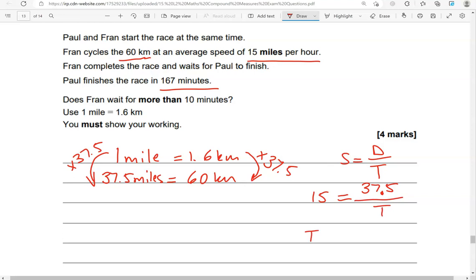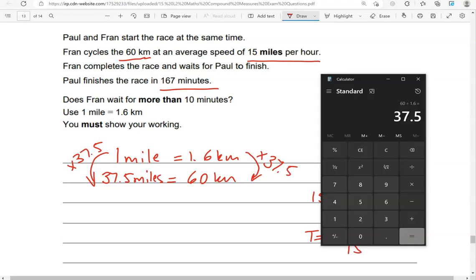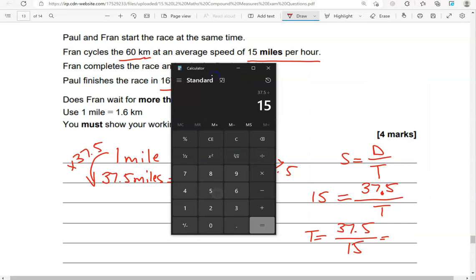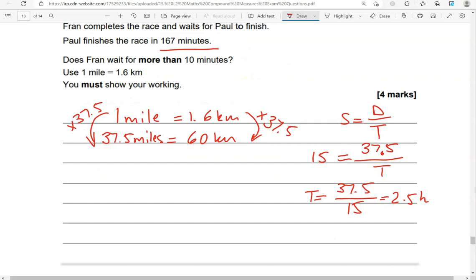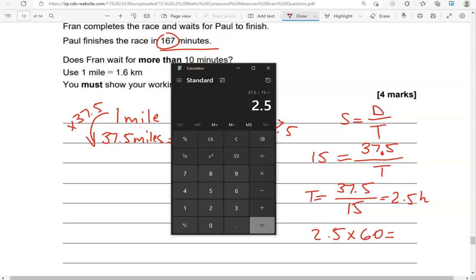So to work out the time, we'll do 37.5 divided by 15, which is 2.5 hours. So to convert that into minutes, so we can compare it with 167, we can do 2.5 times 60, because there are 60 minutes in 1 hour. And that is 150.